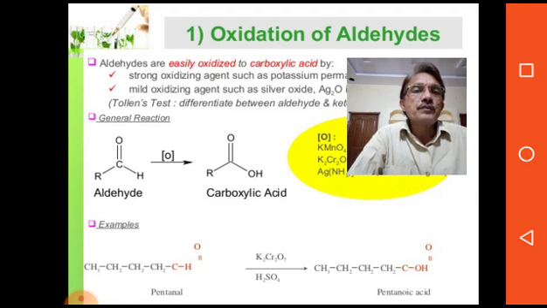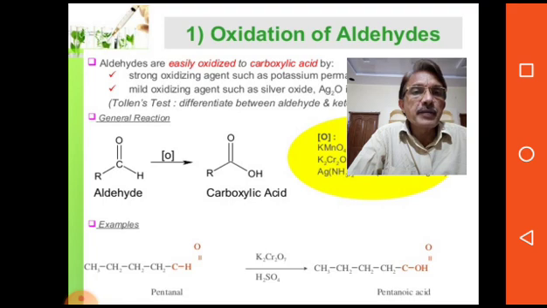RCHO, if it undergoes oxidation, gives RCOOH. It means that in the presence of a strong oxidizing agent such as K2Cr2O7 and H2SO4 or KMnO4 and OH-, aldehyde is oxidized to carboxylic acid. Exercises.